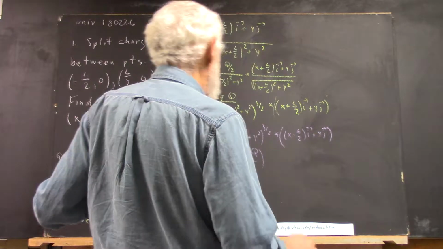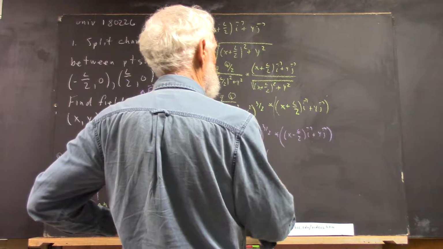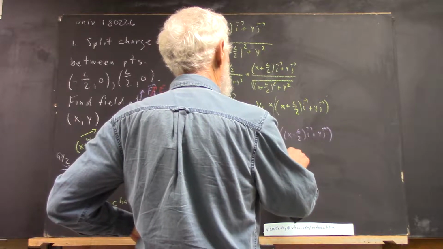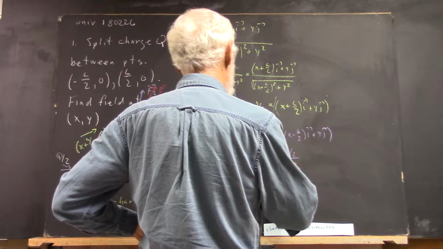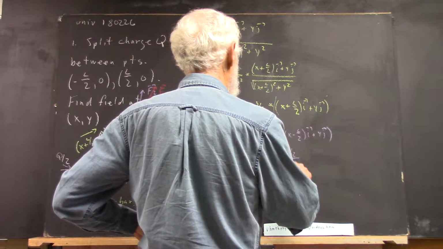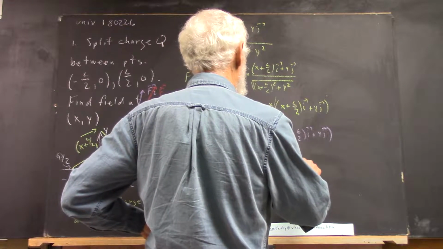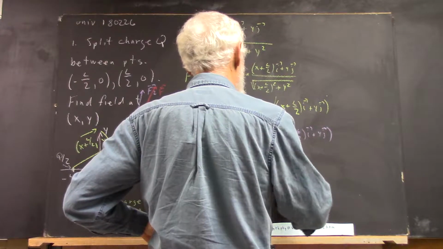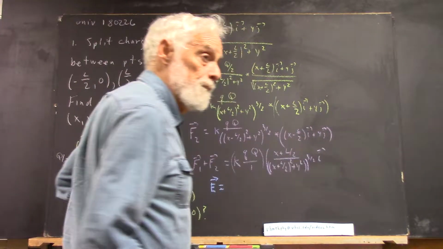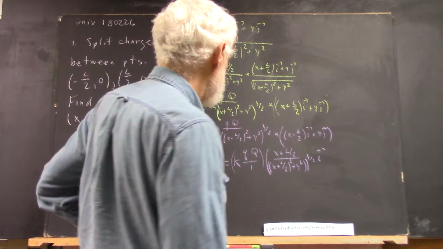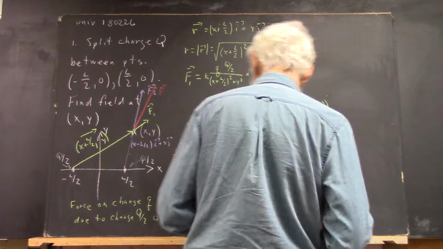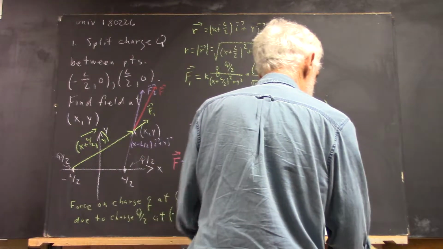So our i term is just going to be x plus L over 2 divided by quantity x plus L over 2 squared plus y squared raised to the 3/2, right? And then it's going to be plus, well, I didn't want to put the i there.